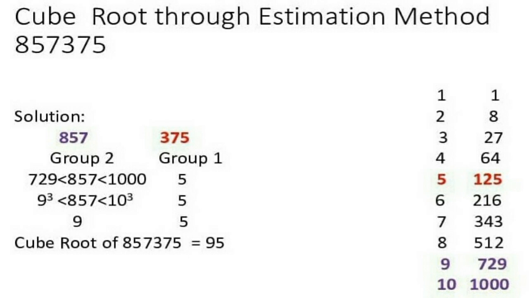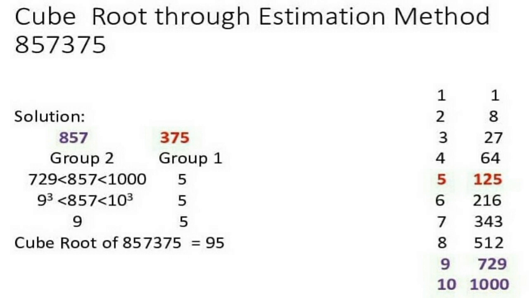Next step, that means see my group 2. In this I am going to see the whole number. See 857. And now see, where does 857 lie between the cube numbers? That is 729 and 1000, right? It should be in between 729 and 1000.